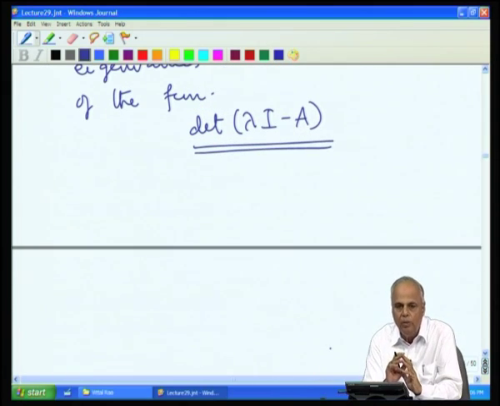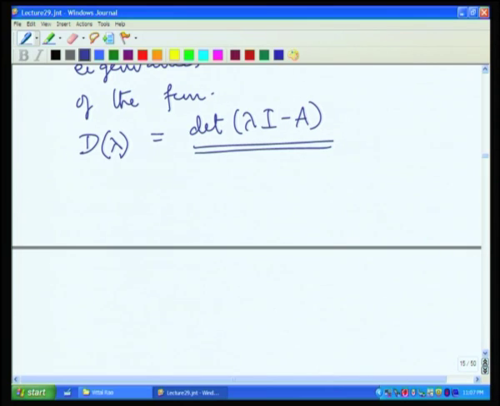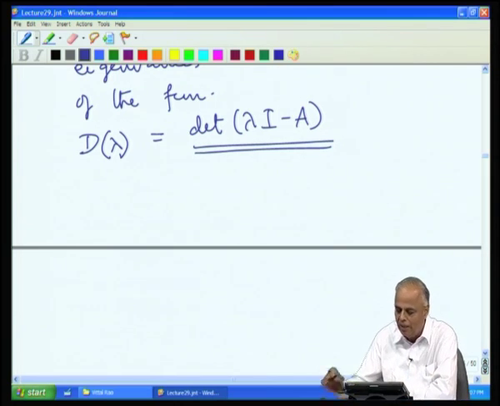So, now we know, given the matrix A, how do you go about searching for the eigenvalues? First, you construct this function, which is now a function of lambda, we will call it d lambda. Whichever point at which this function becomes 0, that is going to be an eigenvalue. If 4 is a point such that d 4, that is determinant of 4 I minus A, is equal to 0, then automatically 4 must be an eigenvalue.